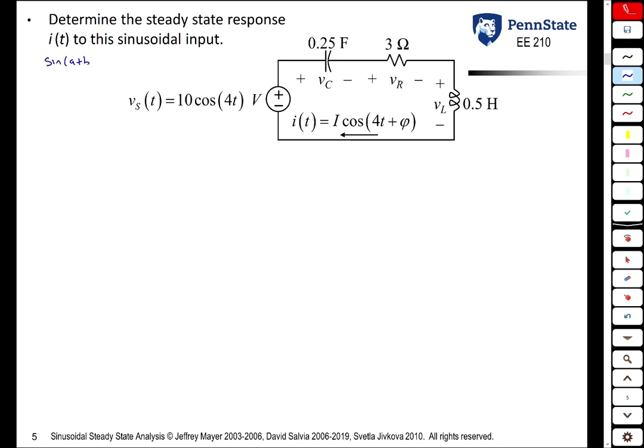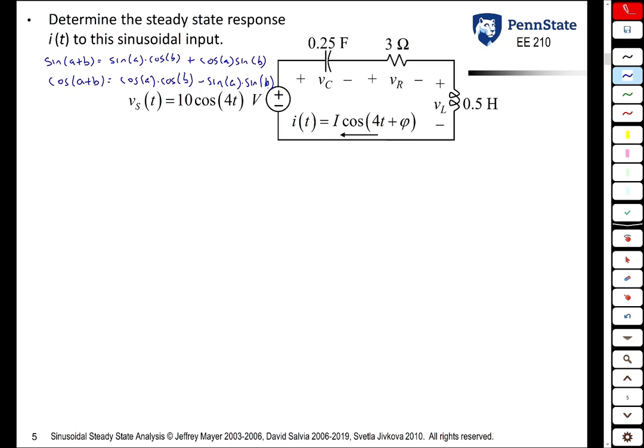Sine of A plus B, you can always write as sine A times cosine B plus cosine A times sine B. Likewise, cosine of A plus B is equal to cosine A times cosine B minus sine A times sine B. We will use both of these trig identities as you'll see in a minute.